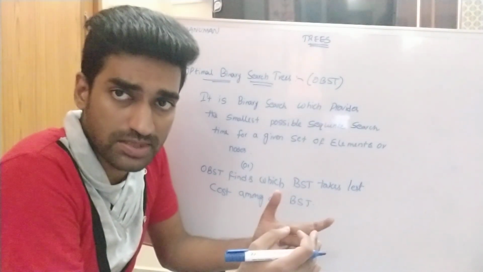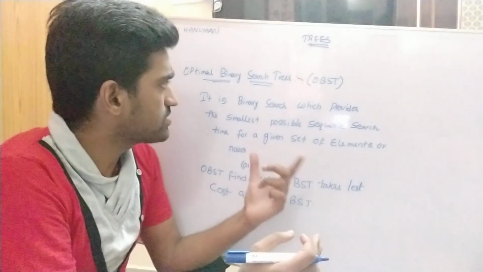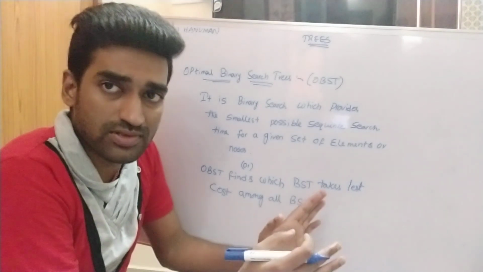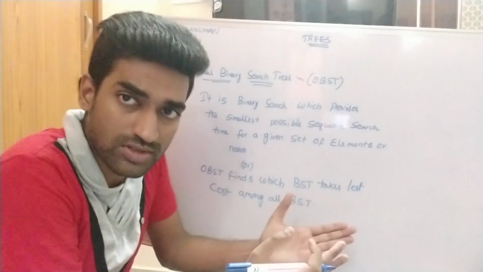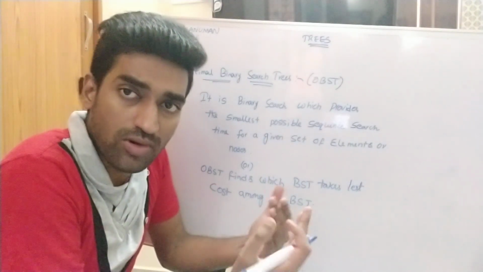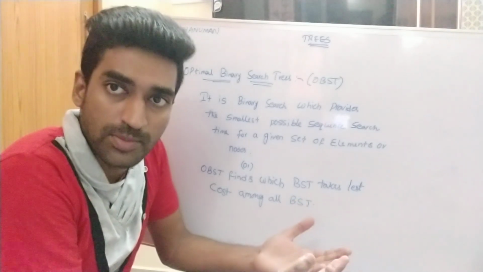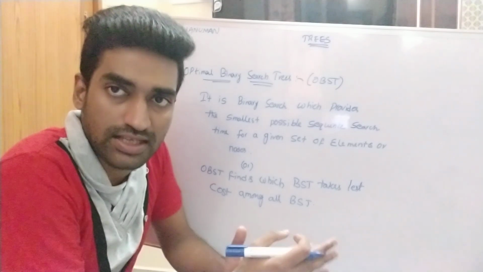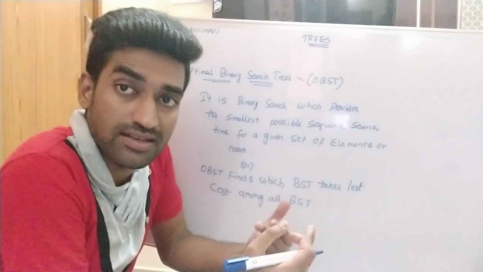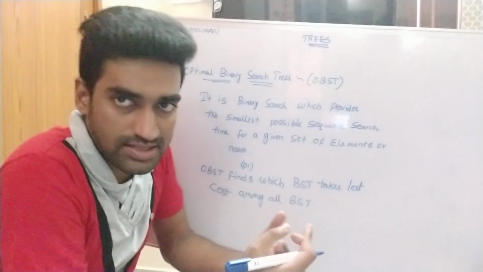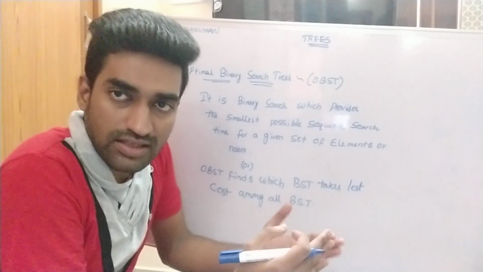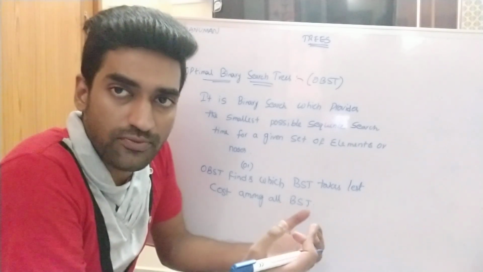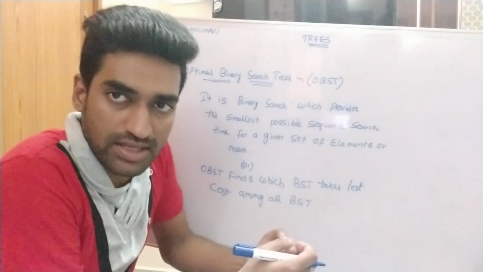So for n nodes, we generate more than one binary search tree, and among those we find the one that takes less time, less cost. That tree is the optimal binary search tree for the given nodes or elements.